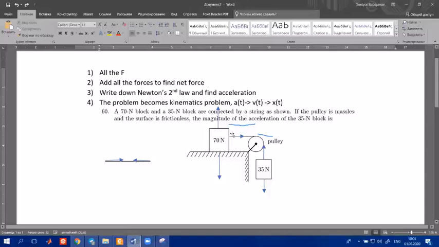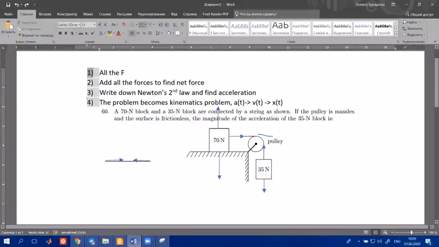Okay. The second step is to add all the forces to find net force. So we have two bodies, 70 Newton and 35 Newton. That's why we have two accelerations. We can apply this algorithm for two bodies.